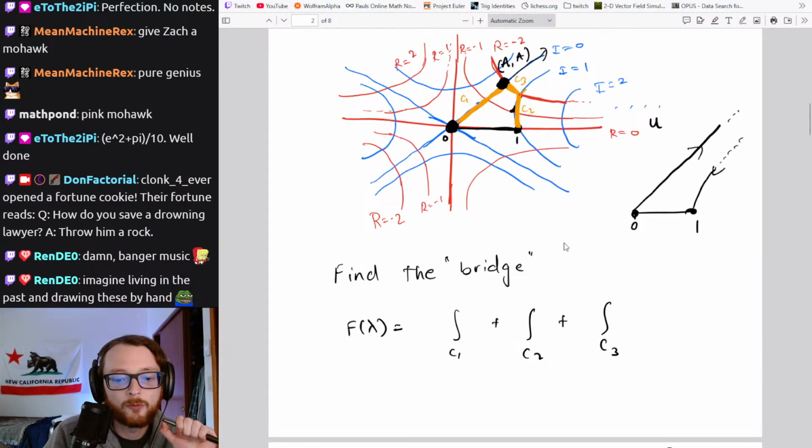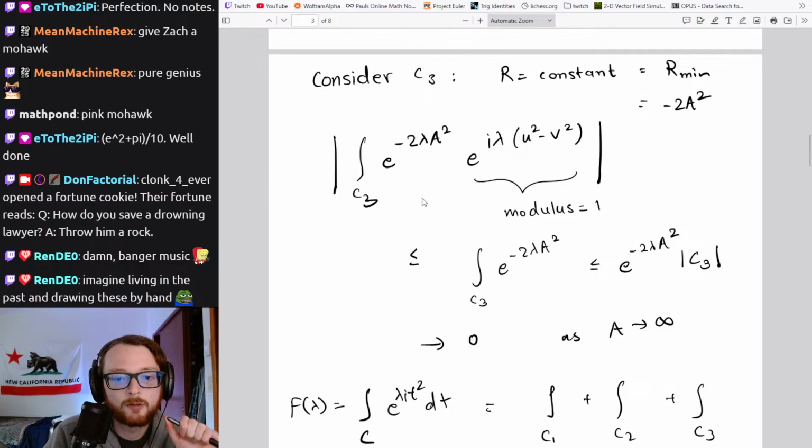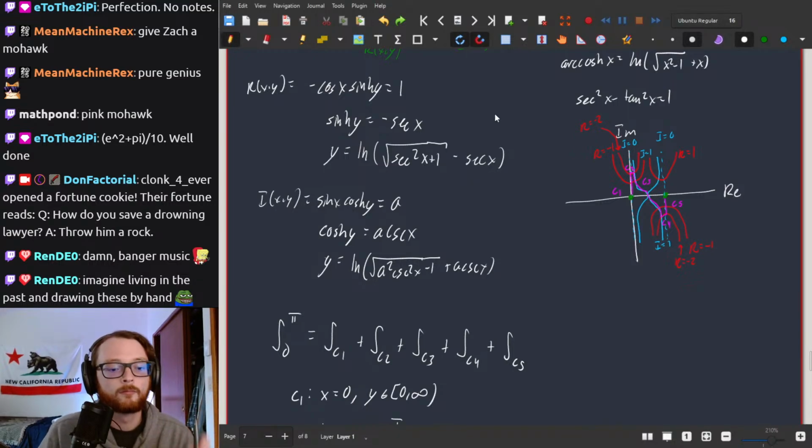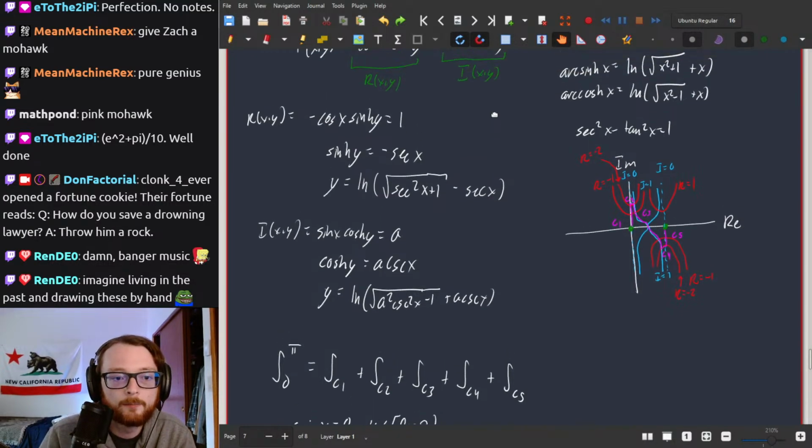C3 in this example is the bridge. How do we deal with the bridge here? Yeah, so we don't have to necessarily even worry about the parameterization here, as long as we can bound it.